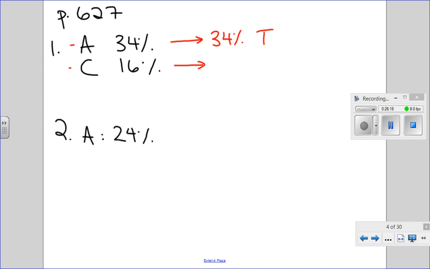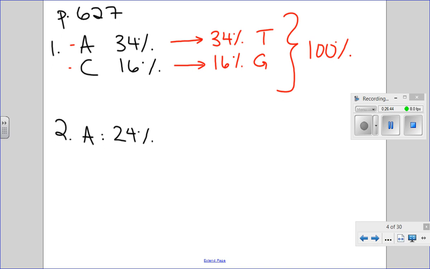Since they told me there was 16% C, I know there should be 16% G. And if everything went well, it should add up to 100%. And you should check this and make sure, because it would be easy to miscalculate and end up with 110%. You can't. You can only have 100%.